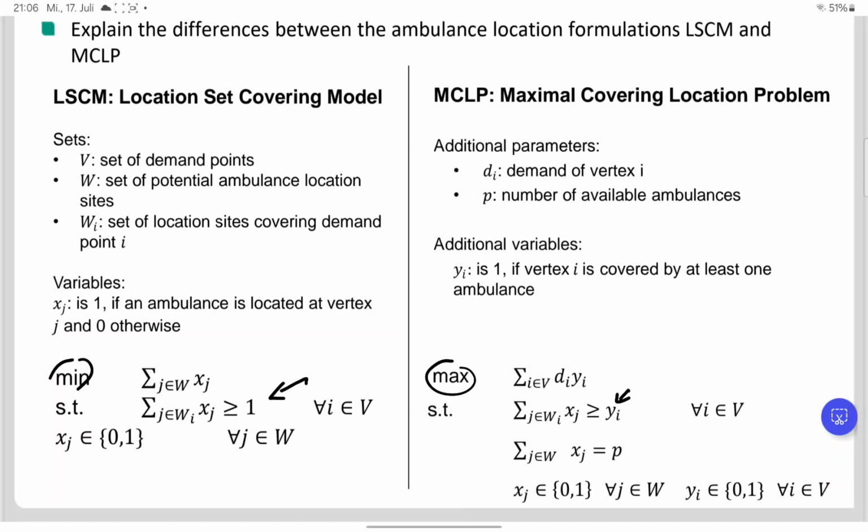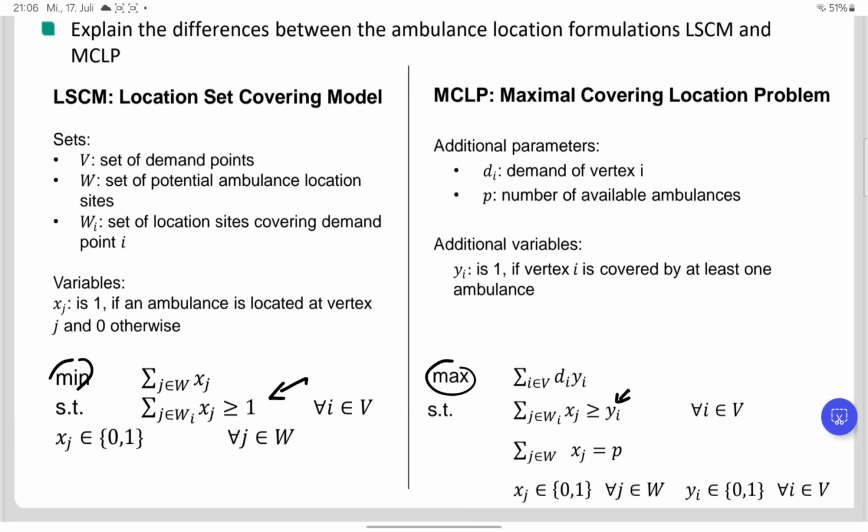So first of all, we have the inclusion of demand per node. Okay, so in the location set covering model, demand itself is not considered at all. So we don't care if one node is more densely populated than other nodes. We're simply trying to cover every demand node, okay, without taking the population size maybe into account.